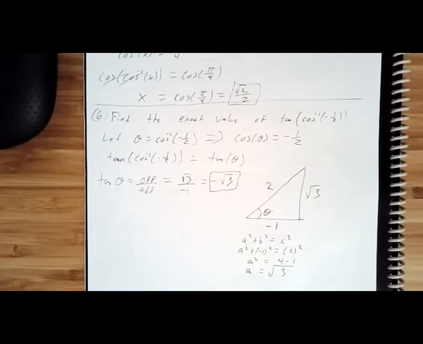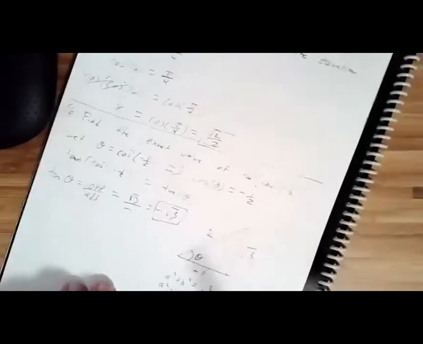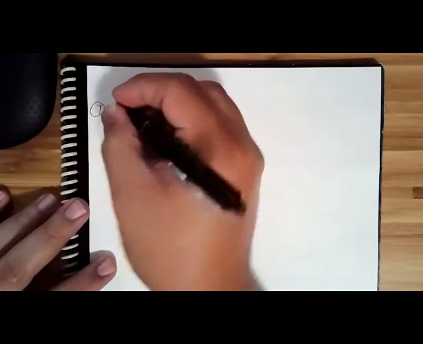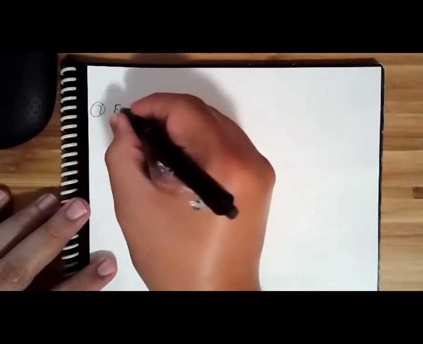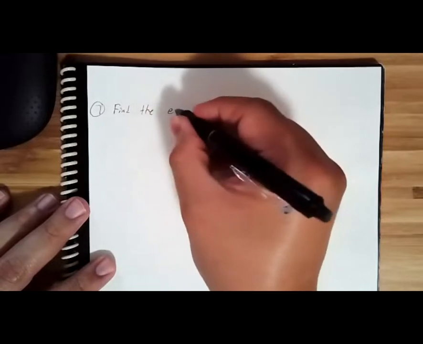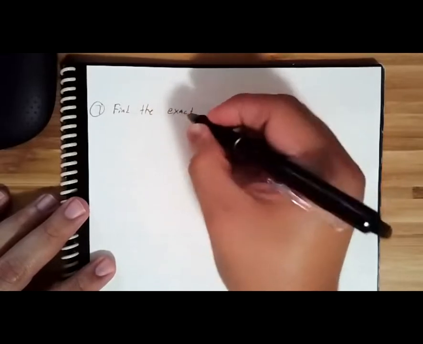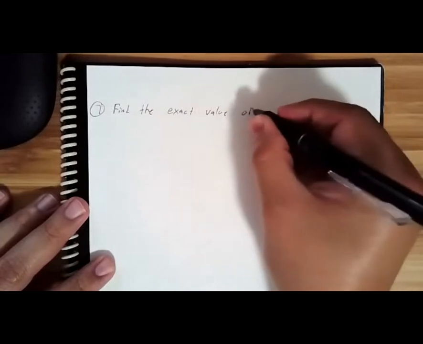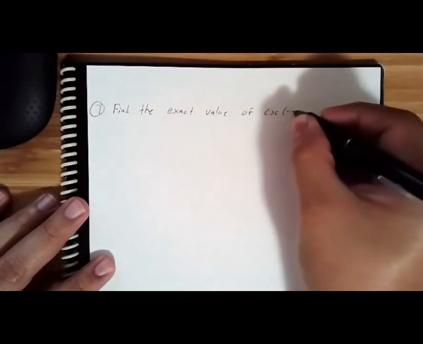Okay. Let's move on to number 7 then. Find the exact value of cosecant of -2.